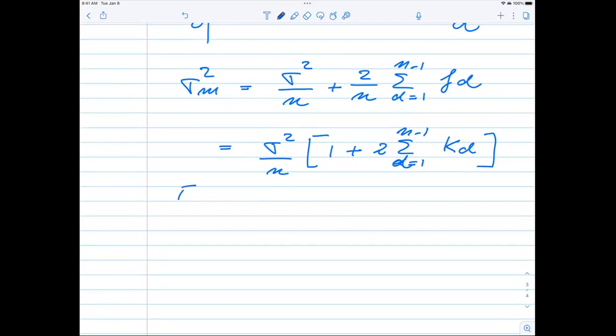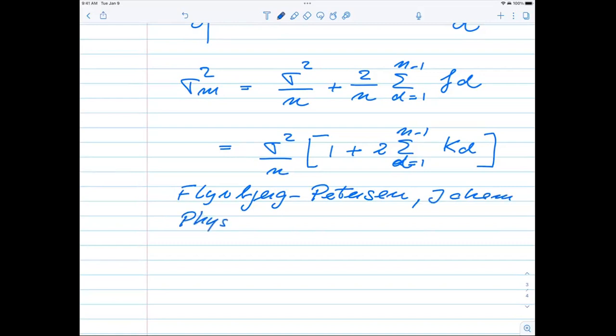There's a paper which was introduced by these two Danes, Flyvbjerg and Petersen. So I invite you to take a look at the original article. This is a paper which was published in the Journal of Chemical Physics, volume 91.